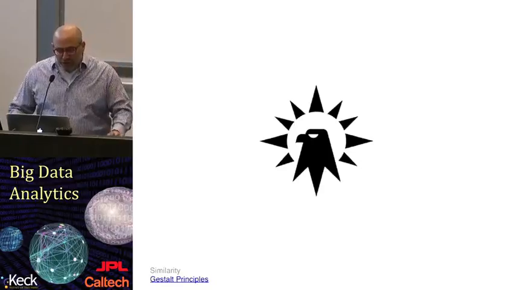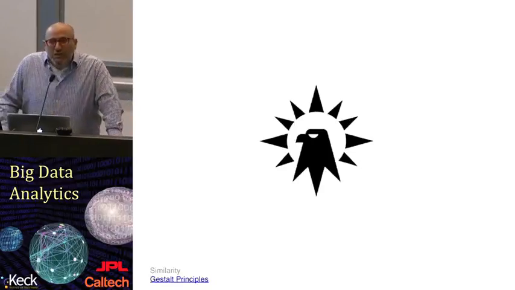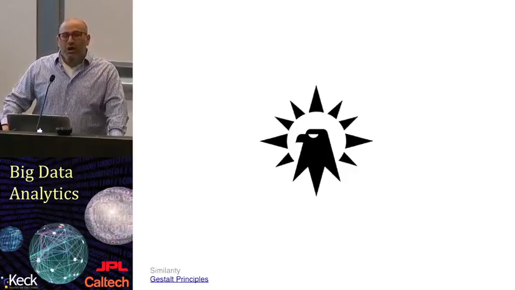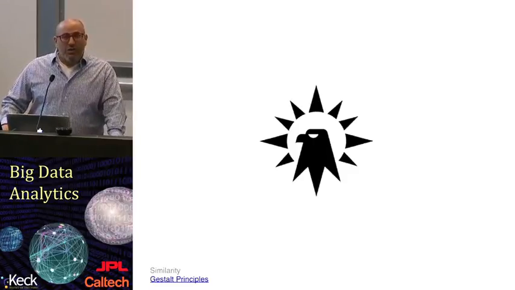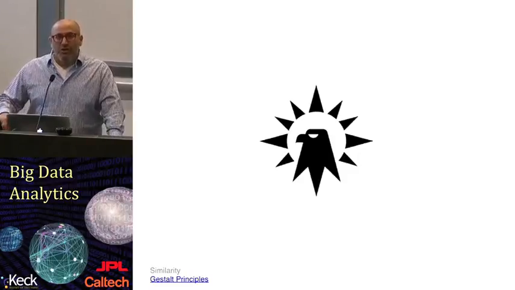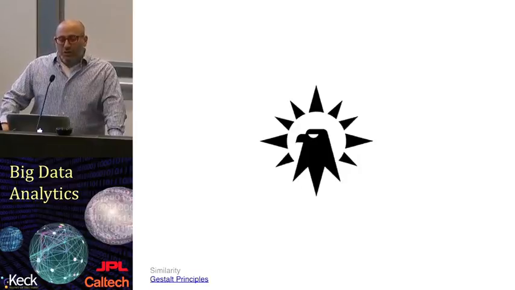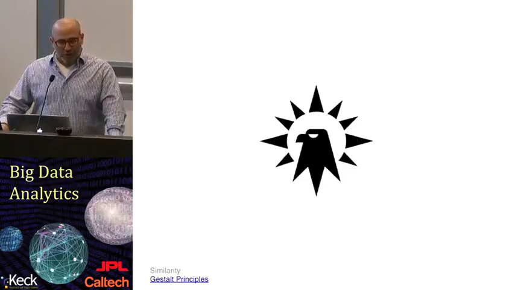Look at this first concept here. The idea is called similarity. What it means is that the mind takes shapes that have a similar semantic relationship and shape, and brings them together. What you see here is this eagle shape, but around the eagle is effectively just a series of triangles.